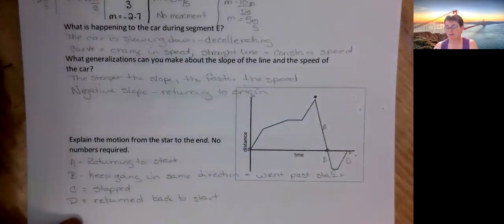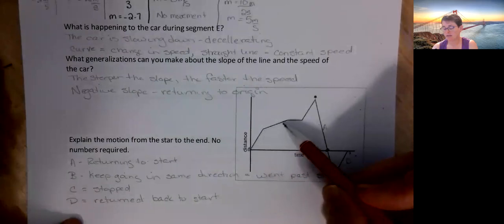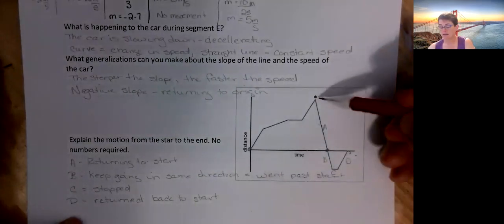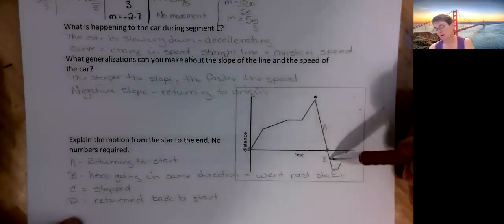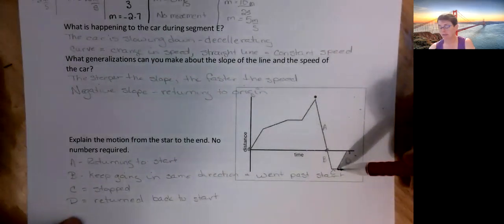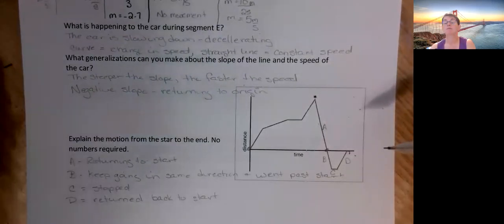I'm standing at the door and I'm walking away from the door pretty fast, and then I slow down and then I stop and then I go really fast away from the door and then I turn around and I go back towards the door, there's the door, and then I go through the door and I'm walking around in the hallway and then I stop and go, oh, I missed the door. And then I come back and I end up back at the door. So much cooler when you guys see that live and in person. And I hope we're able to do that.